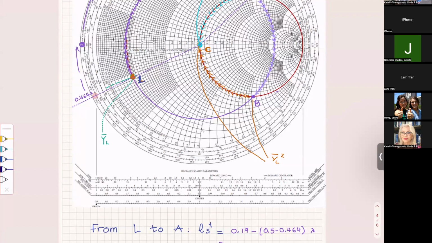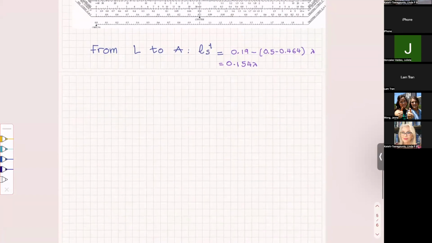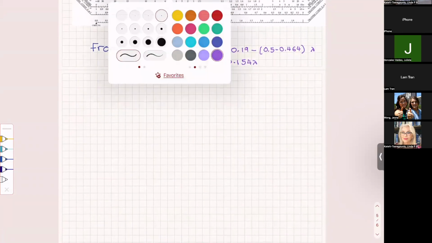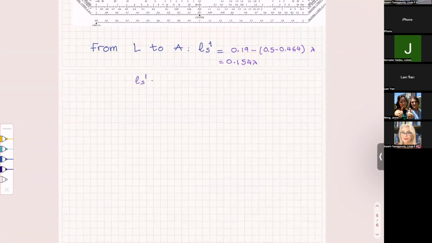It's 0.19 minus 0.5, that's 0.464. It's 0.154. This is 0.154 lambda. Okay, so that is, let me write it here. One solution, therefore, we found is that LS1 is 0.154 lambda. And that is when we stop at point A.